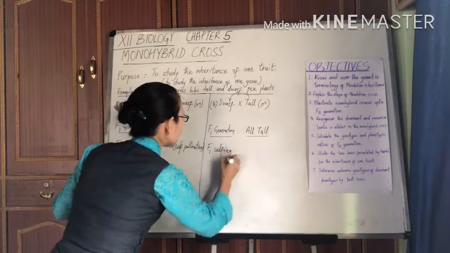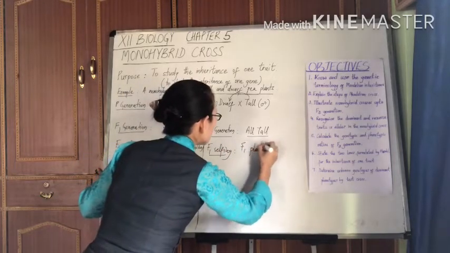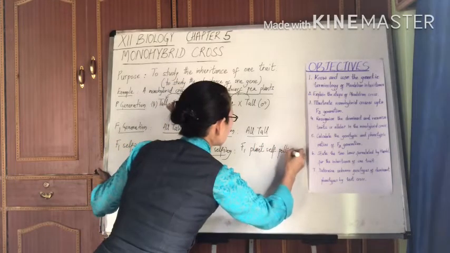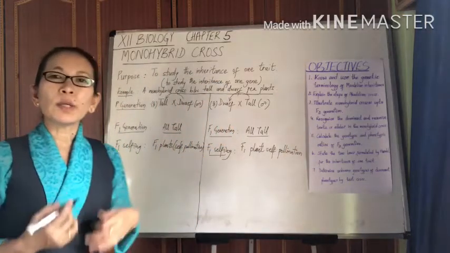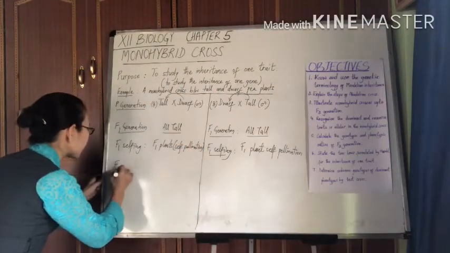He then collected the seeds of such F1 self-pollinated plants and grew them in order to get the F2 generation or the second filial generation.